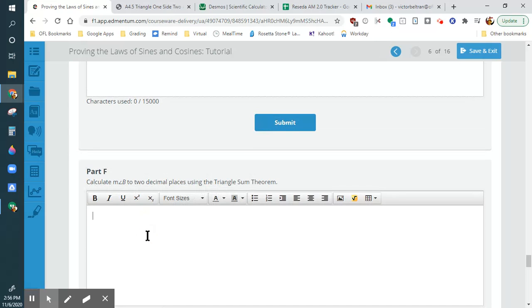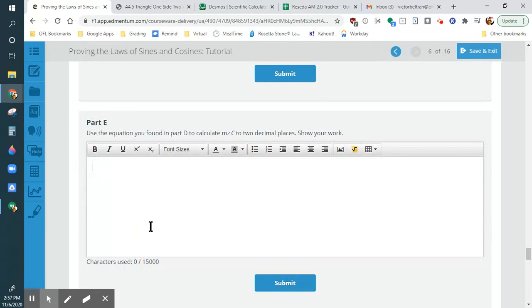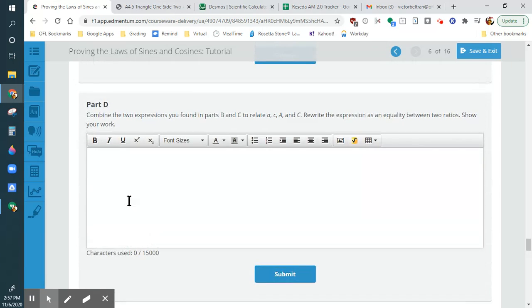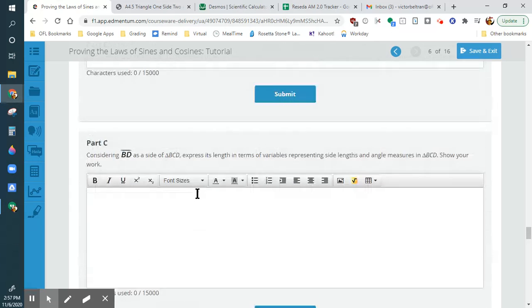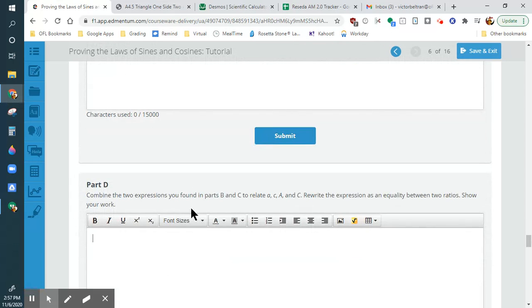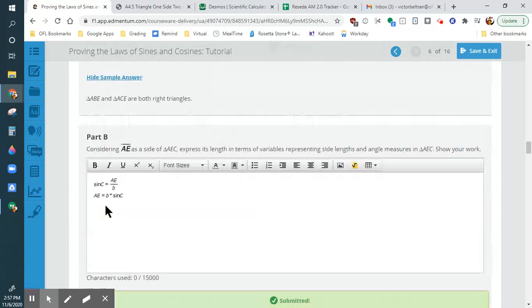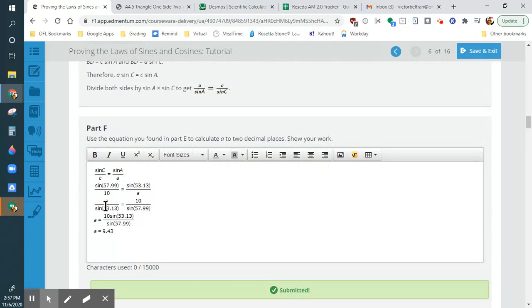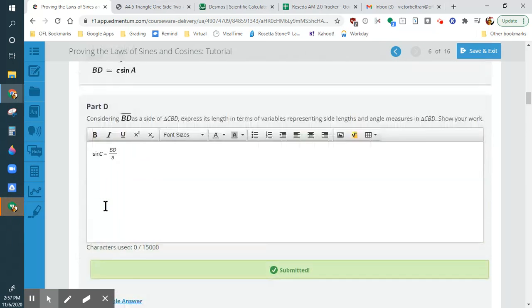So part F looks a little different. Okay, hold on. Calculate. Combine the two expressions you found in part B and C to relate it to this. Show your work. Okay, hold on. Let's combine. I'm going to look at part D for the first one. Part D.